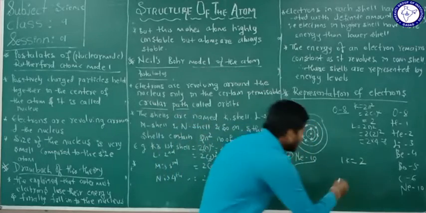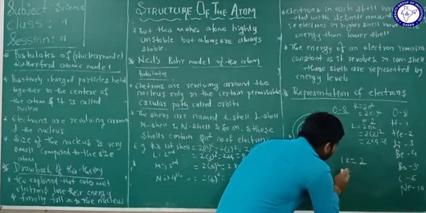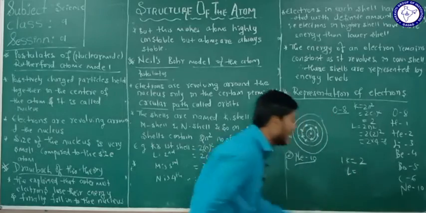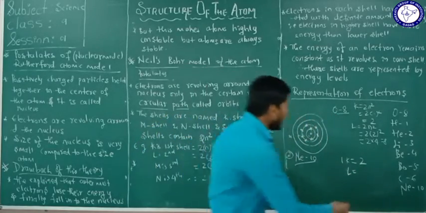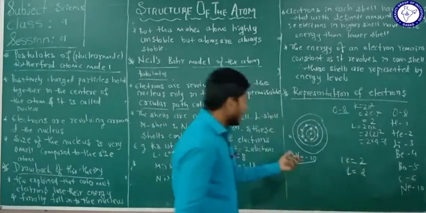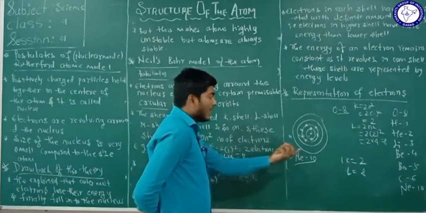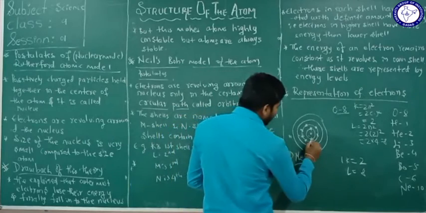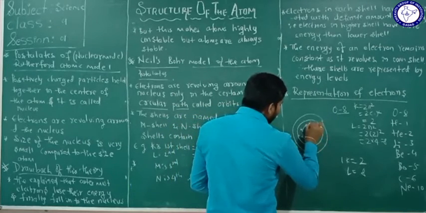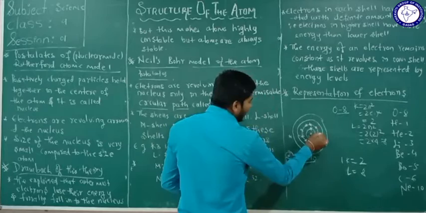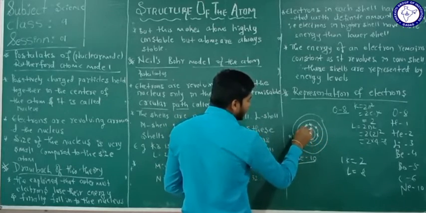Then we are going to represent the electrons in the next orbit, that is the L subshell. The capacity of L is 8. So we have the remaining 8 electrons. So we are going to represent the remaining 8 electrons in the L subshell. 1, 2, 3, 4, 5, 6, 7, 8.